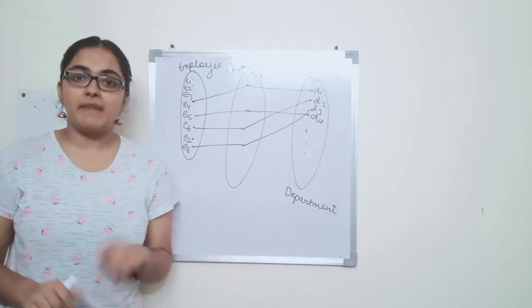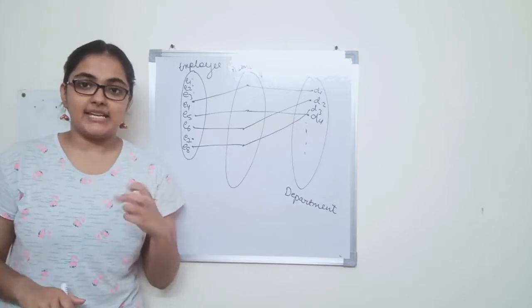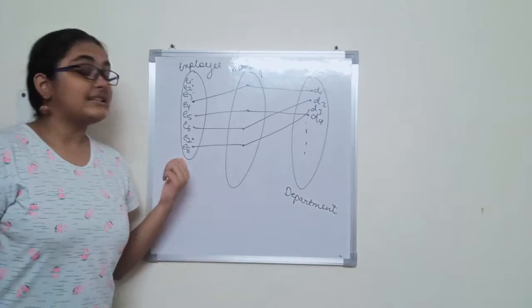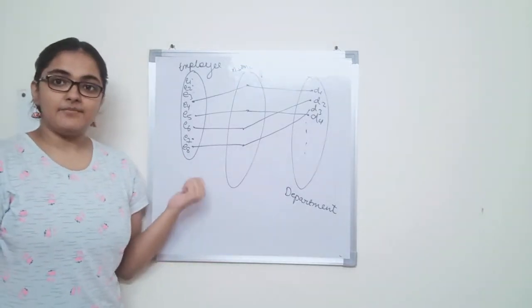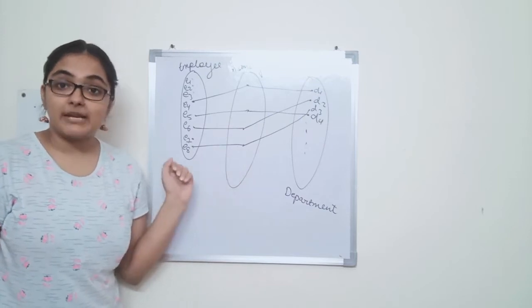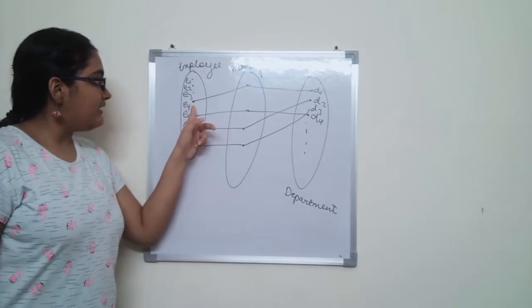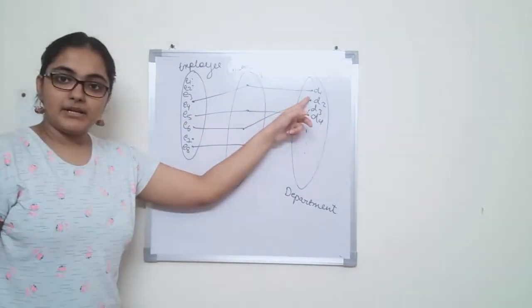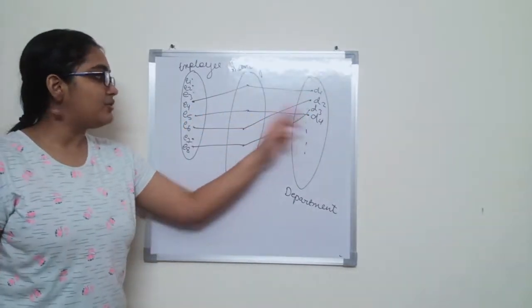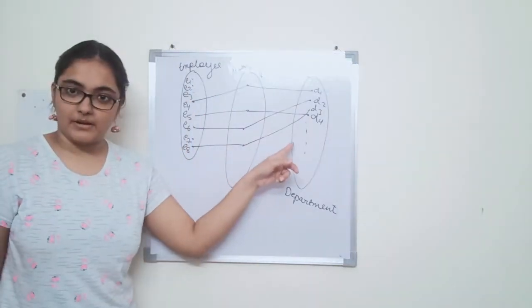Cardinality ratio is the maximum number of relationship instances in which the entity can participate. Since it has been specified in the schema that an employee cannot manage many departments, an employee can manage at most one department. So here you can see E4 is managing only one department and E5 is managing at most one department. So all the employees are managing at most one department, right?